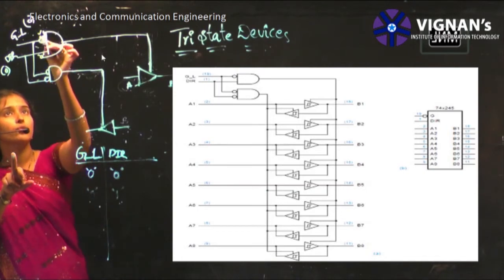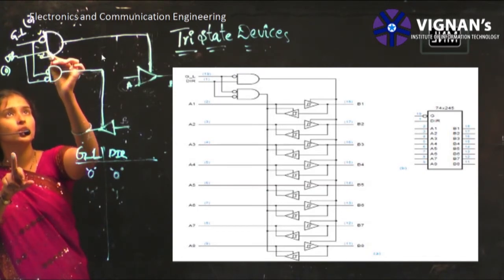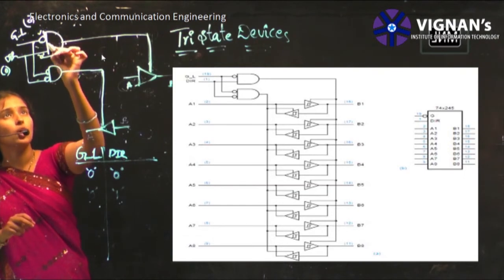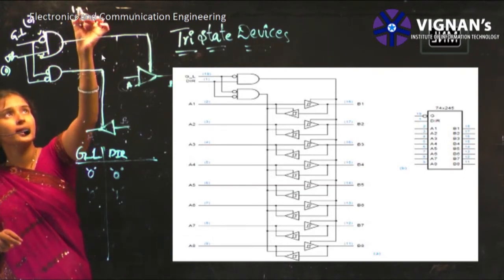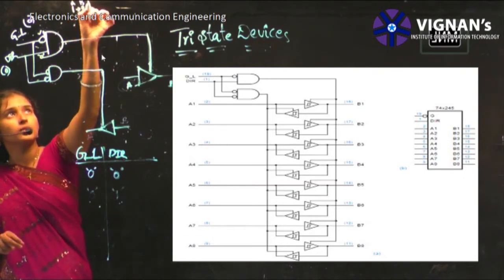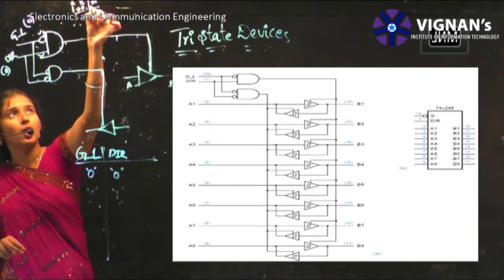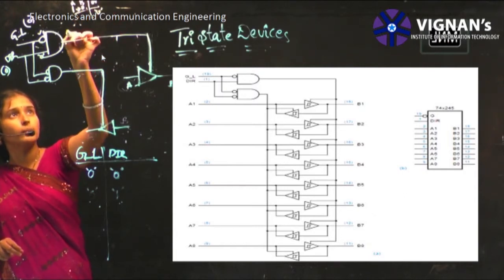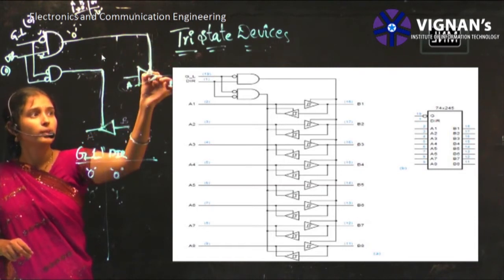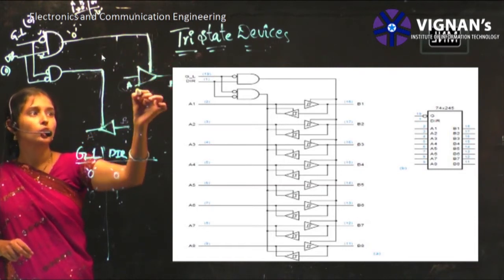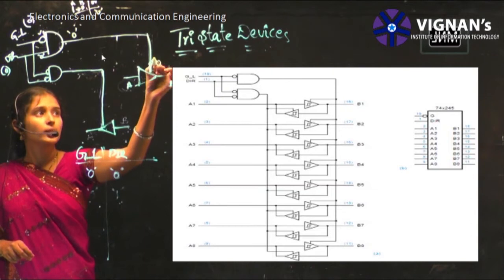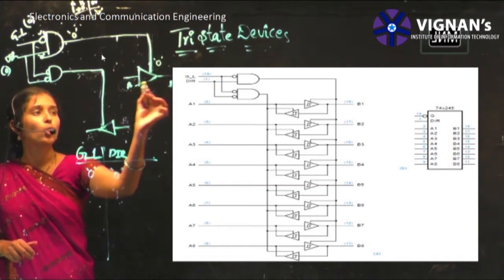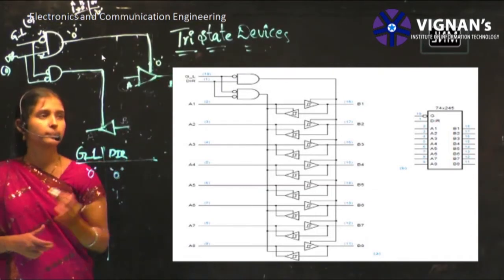What happens if 1 and 0 are given to an AND gate? The output will be 0, and that 0 will be fed as an enable input to this buffer. As the enable input is 0, no data is transferred from A to B.